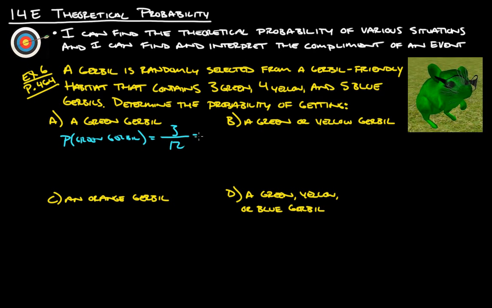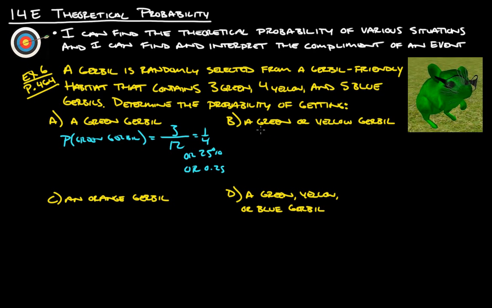So it's 3 out of 12, which is a fourth, or 25%. Usually people will put it as a fraction, and if you do it as a fraction, it's got to be a reduced fraction or a percent. I guess you really could do 0.25 as long as you don't write percent after that.